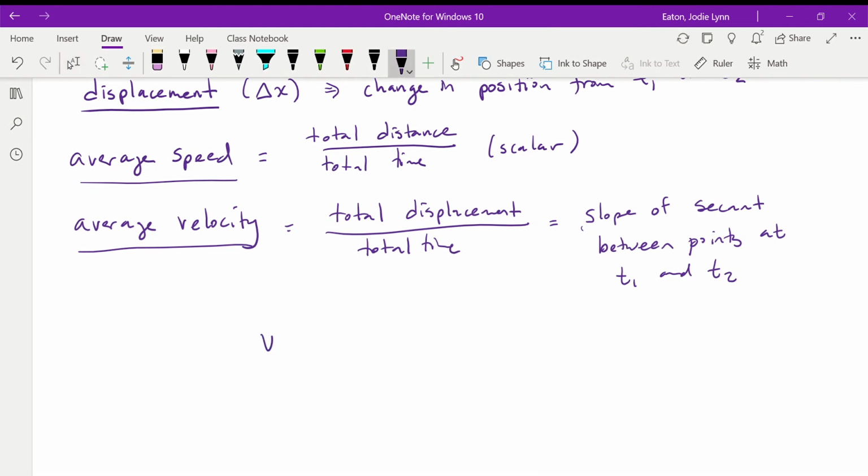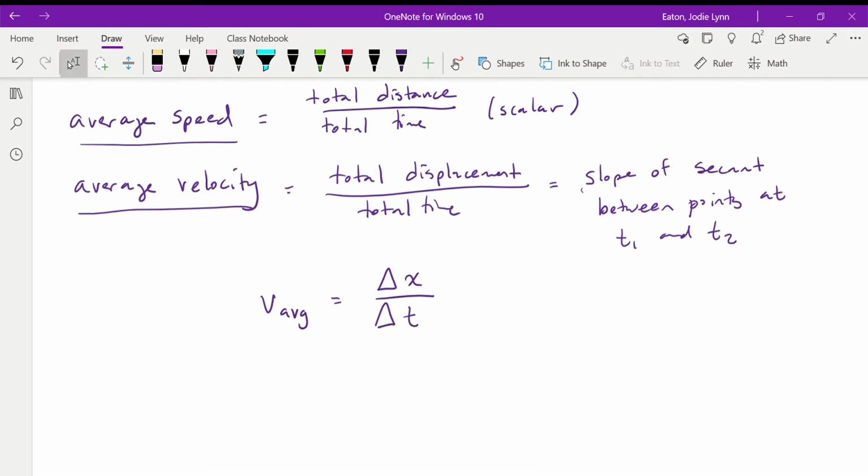So your average velocity is the change in your position divided by your change in time. So it's just where you ended up at the end minus where you started, divided by the change in time.